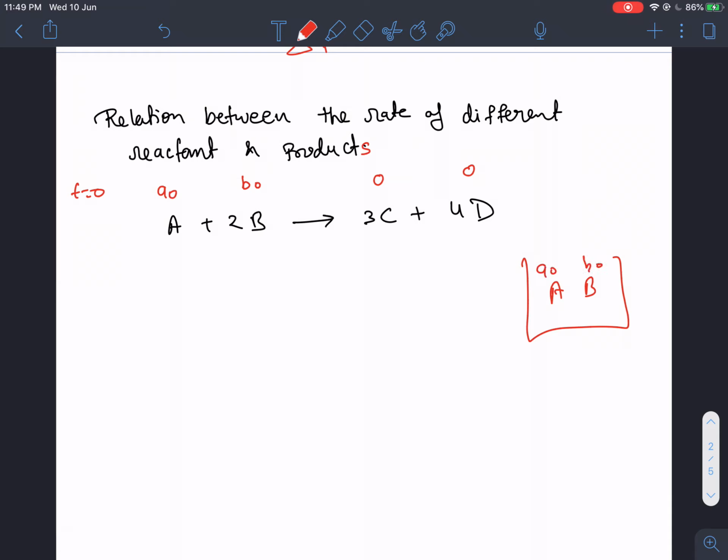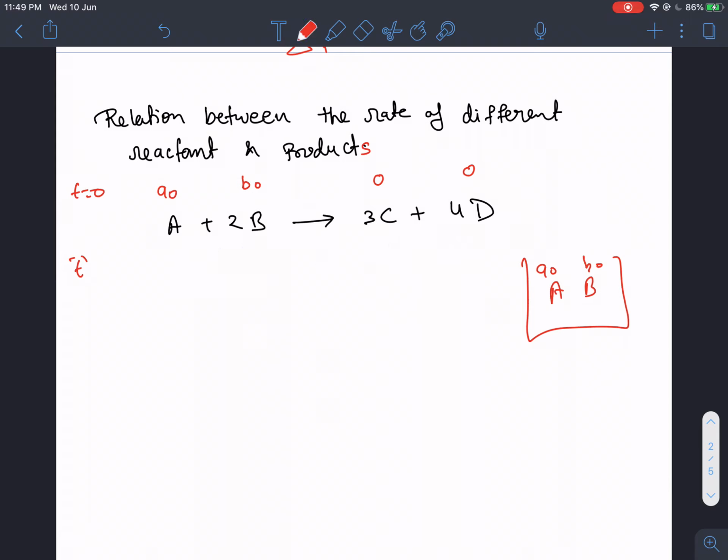Now as per the reaction, at general time T, as you can see, 1 mole of A reacts with 2 moles of B and produces 3 and 4. So what is the ratio? They are reacting in the ratio 1:2 and producing products in the ratio 3:4.